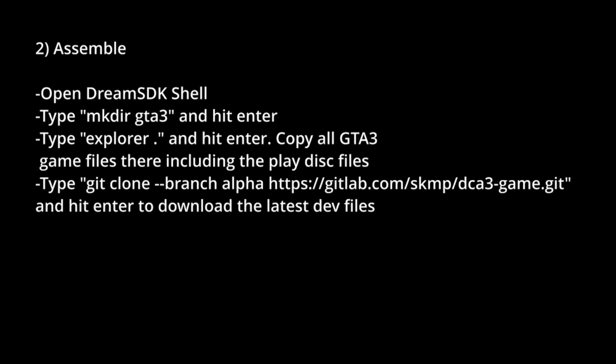Next, type git space clone space dash dash branch space alpha space https://gitlab.com/skmp/dca3-game.git and hit enter to download the latest dev files. Just copy paste that, don't type it in.